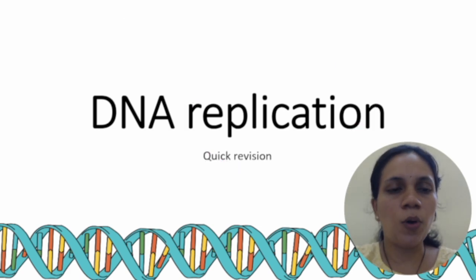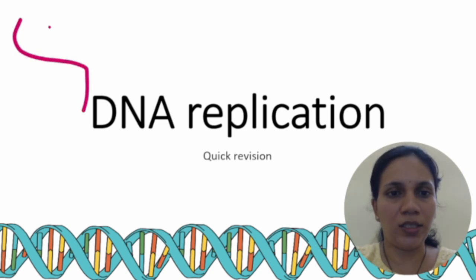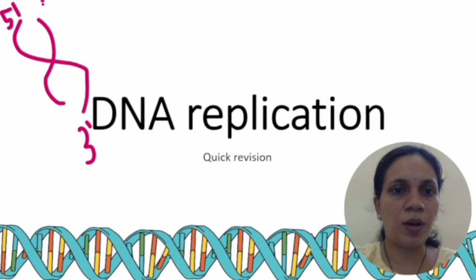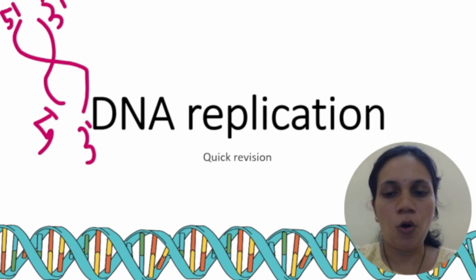Now, before we start, I would like to introduce certain terms so that the further process becomes even easier. Now, as we all know and have studied previously, DNA has two strands, right? The one has the 5 prime to 3 prime direction, and the second one has the 3 prime to 5 prime direction, right? This gives it an anti-parallel nature, or opposite polarity.